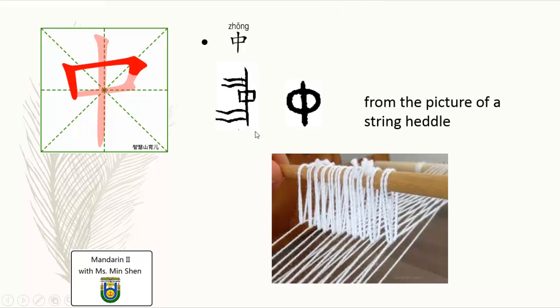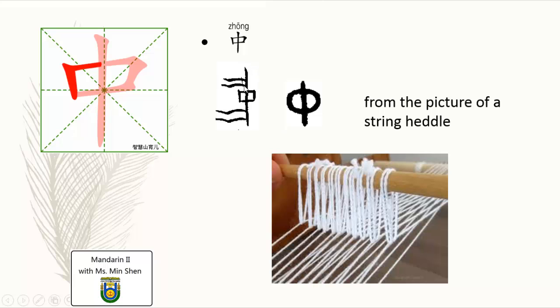So 中 originally is from the picture of this bar, right? This bar, we call it string. So somehow we use this bar to organize the strings, when making a textile, or just a bar for people to organize some sort of strings.